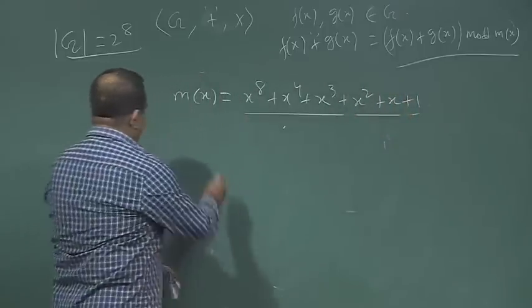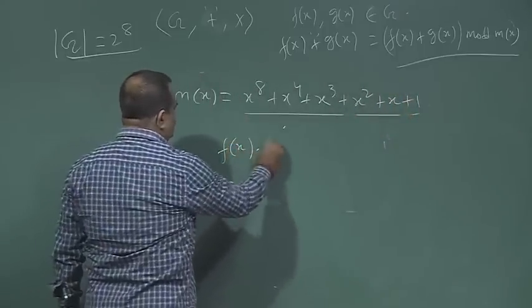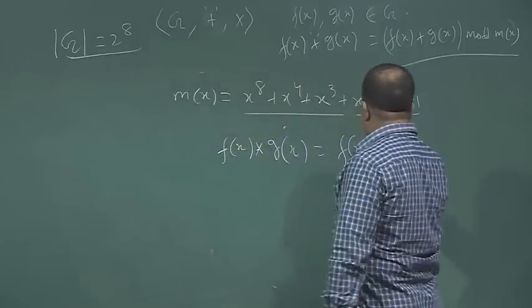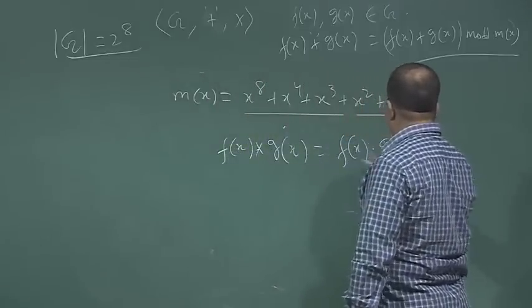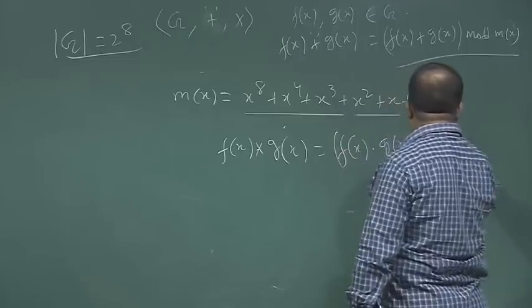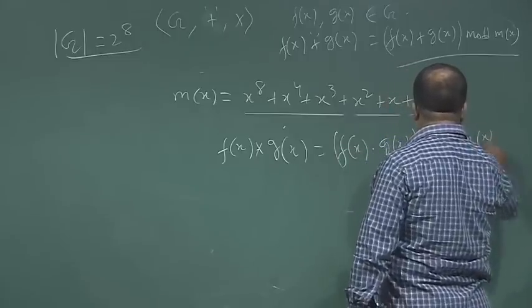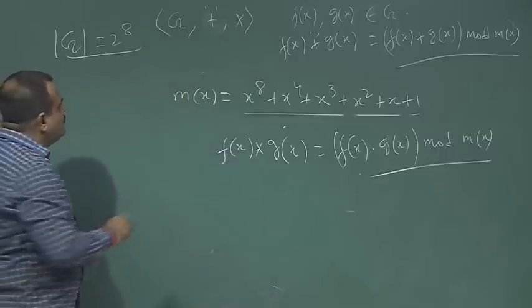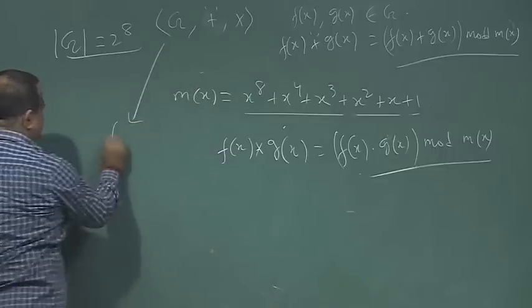Similarly, multiplication is also under the modular operation. If we take two polynomials f(x) and g(x), f(x) times g(x) is basically the polynomial multiplication mod m(x). So, it can be shown that this is a field.